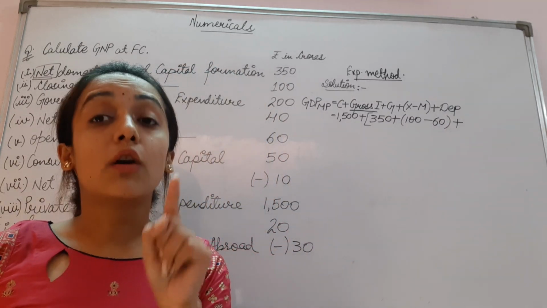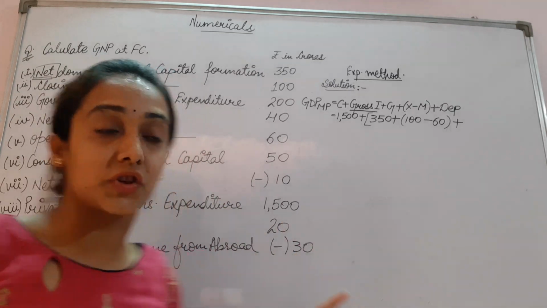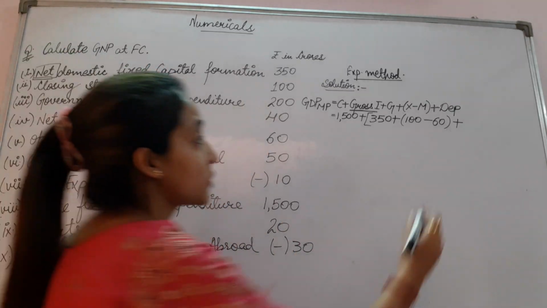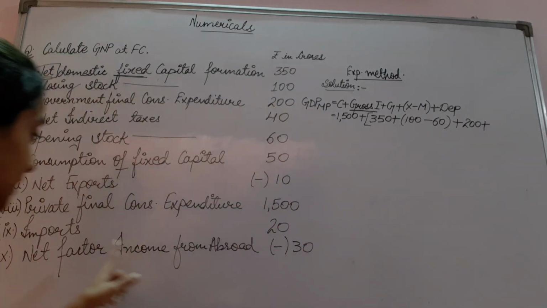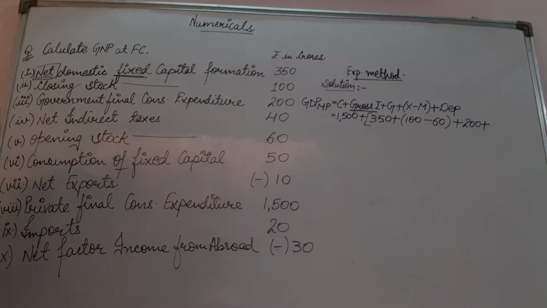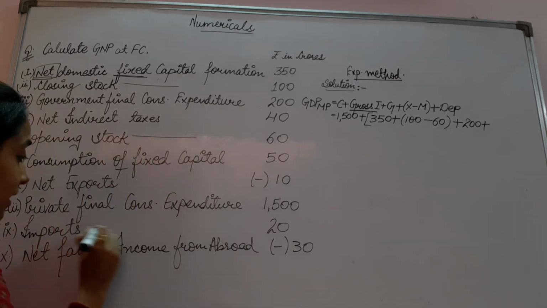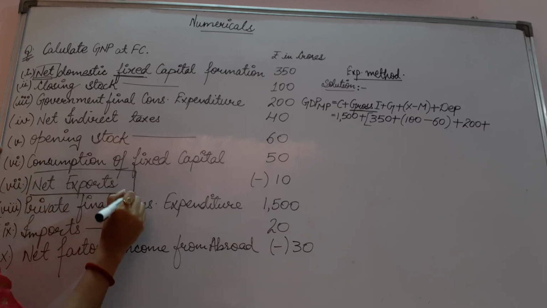What is G? Government final consumption expenditure. It is 200 plus X minus M, that is net exports. For confusion, imports are also given, but we are given net exports.